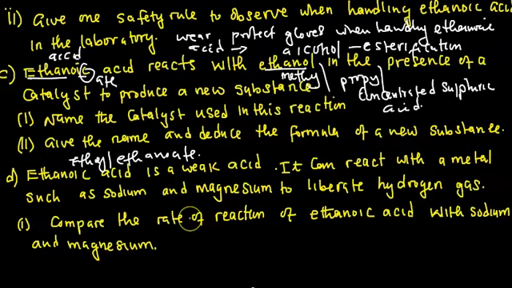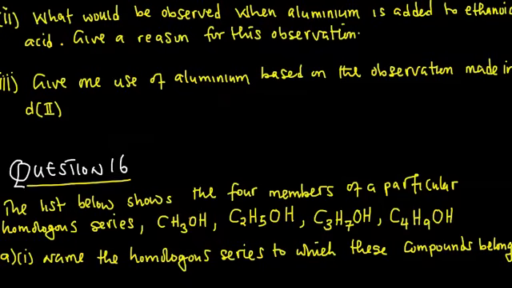Alright. Then, what is the other question? What would be observed when aluminium is added to ethanoic acid? Give a reason for this observation. When aluminium is added to the acid, it will not react. Because aluminium, although being a metal, reacts with oxygen, and is rarely found in a free state.